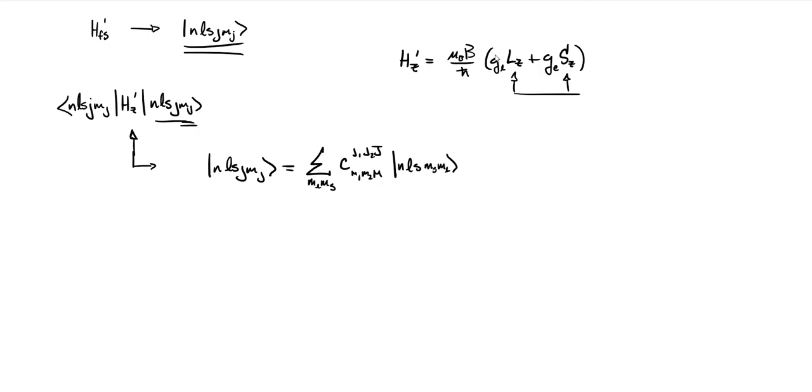So we can write this as a linear combination and just look them up from the tables to determine what these matrix elements are, right?